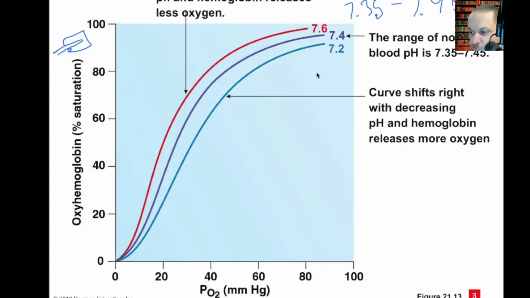Let me just pick a random number. Let me just say 60. Let me draw a straight line. So at this point, 60% of the hemoglobin is saturated. That means that 40% was given off. And then where these lines meet, I'm going to go straight down. Let me take a different color.